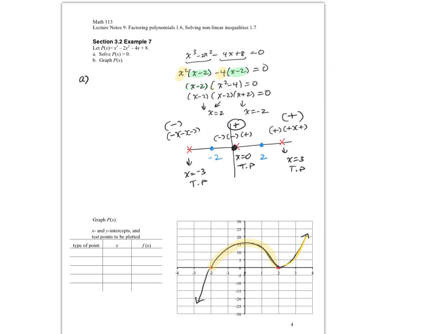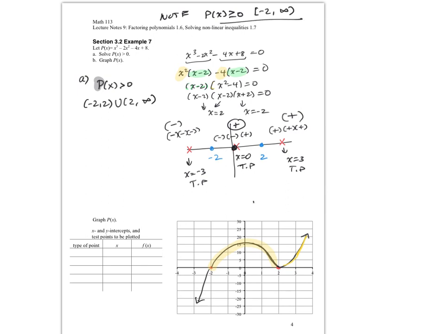So p of x is positive between -2 and 2, not including the 2 because at that point it's 0, or 2 to infinity. Note, if the question was the interval where this is greater than or equal to 0, you could just say from -2 to infinity, and that would be it.